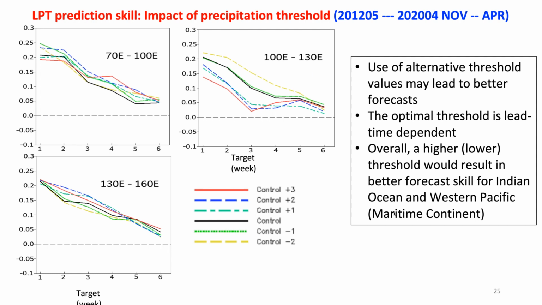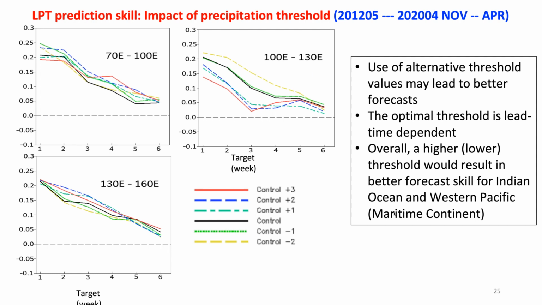What we found is that indeed using alternative threshold values may lead to a better forecast scale, and such a dependence depends on lead time. That means we need to use different values for different lead times.